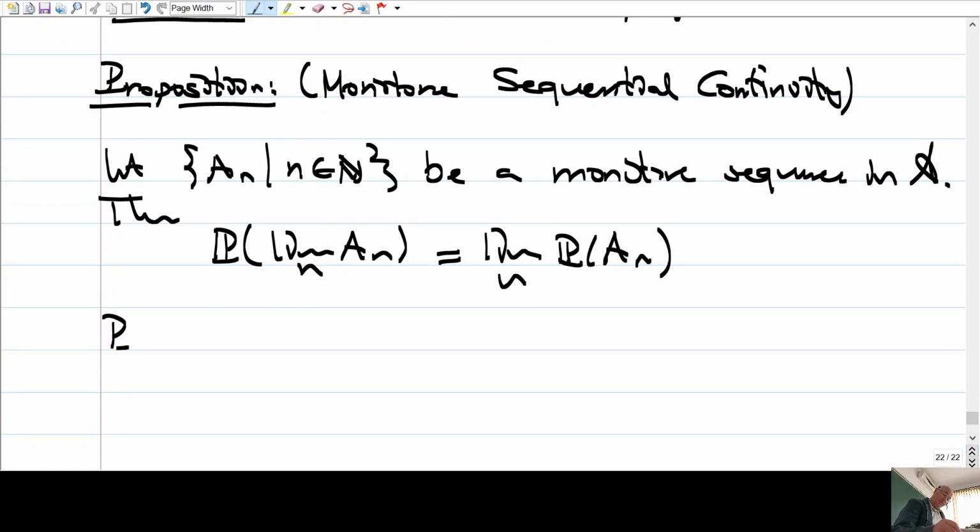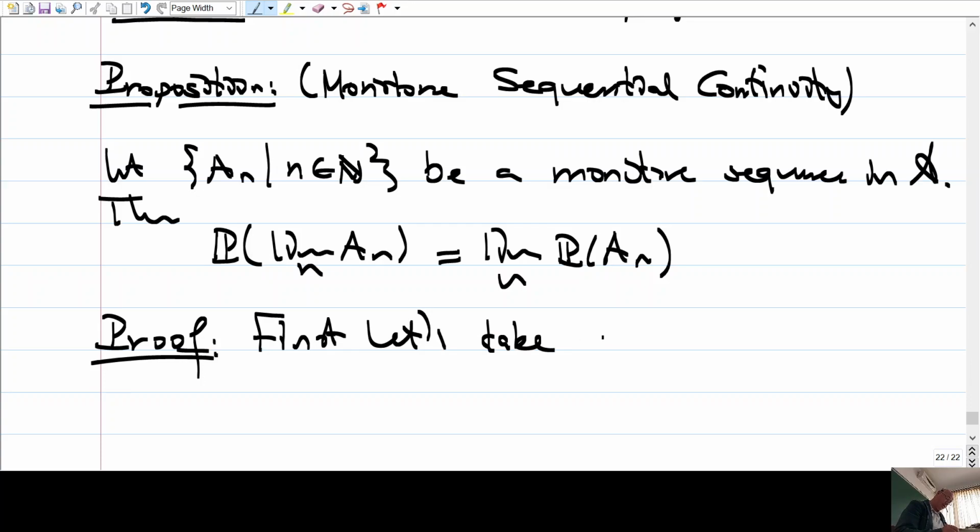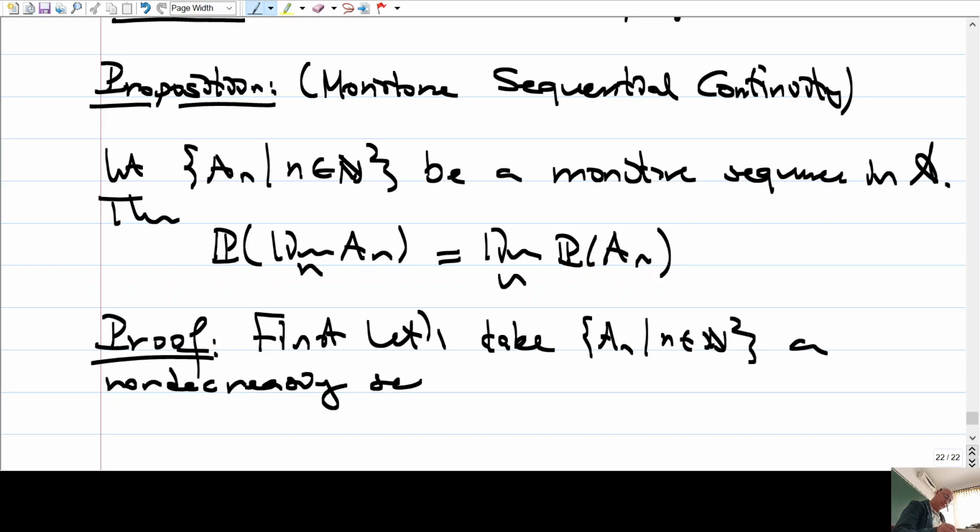Okay, so let's see the proof. First of all, since it's monotone, I will take either an increasing or decreasing sequence. Let's say first, let's take a non-decreasing sequence.